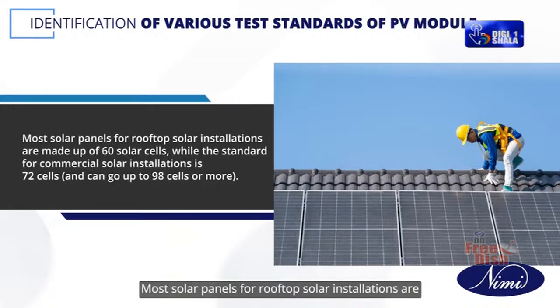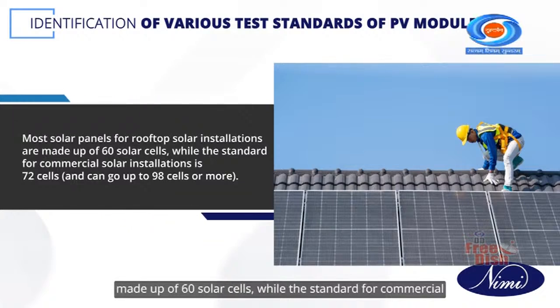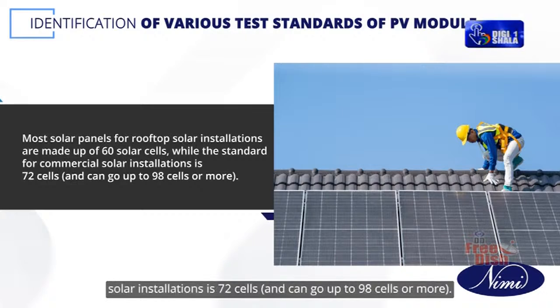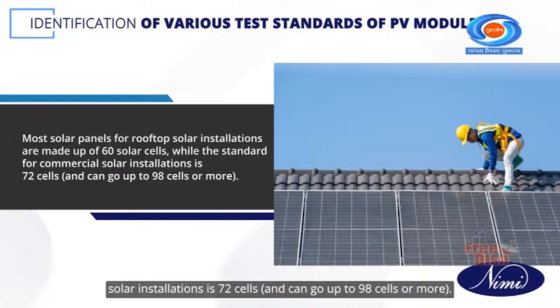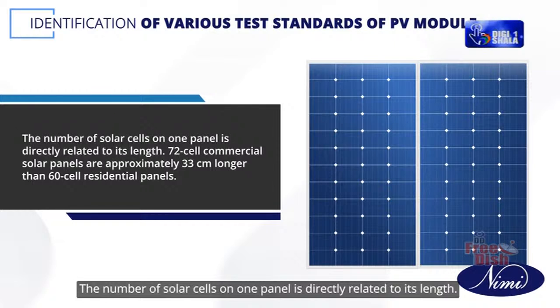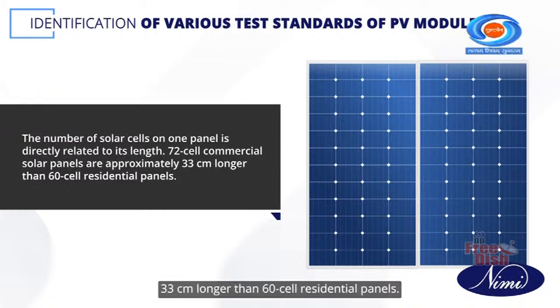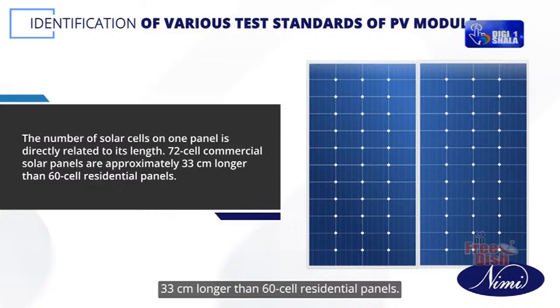Most solar panels for rooftop solar installations are made up of 60 solar cells, while the standard for commercial solar installations is 72 cells and can go up to 98 cells or more. The number of solar cells on one panel is directly related to its length. 72 cell commercial solar panels are approximately 33 cm longer than 60 cell residential panels.